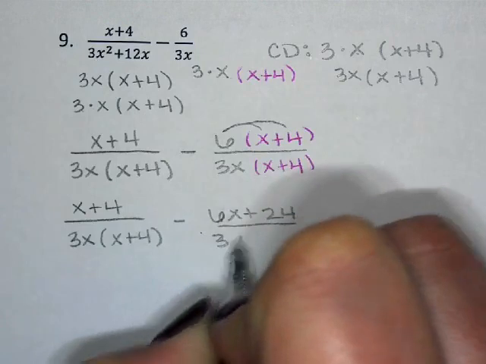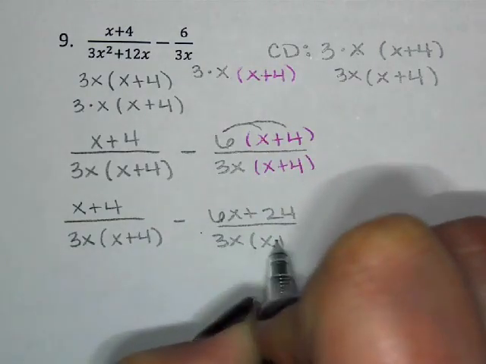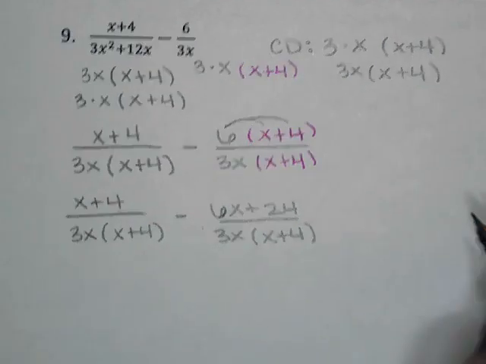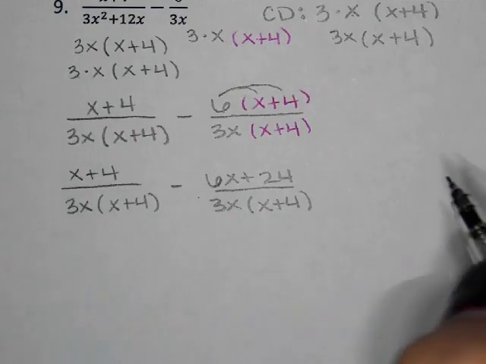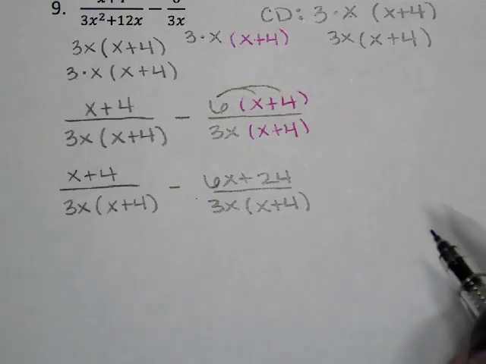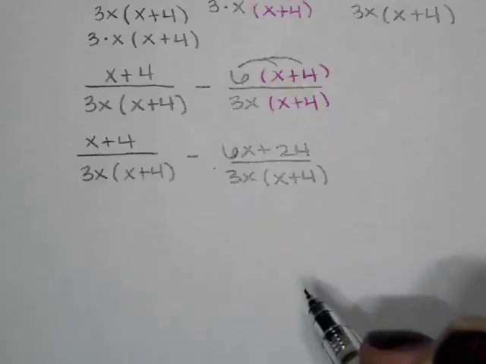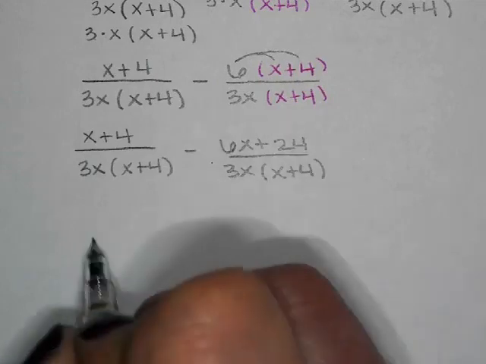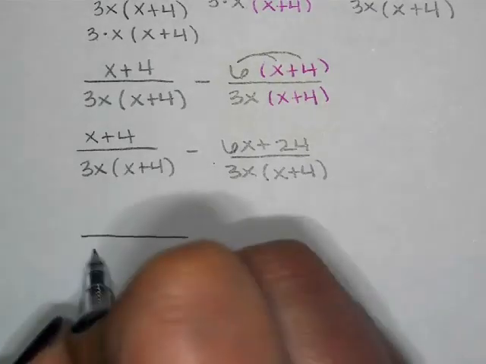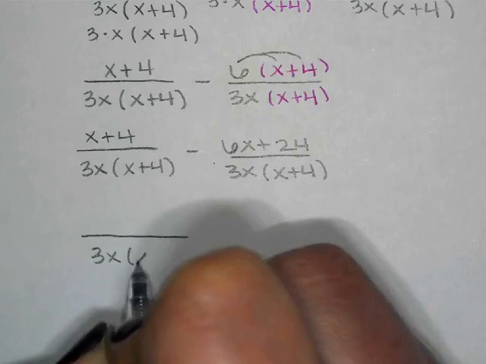And are we just counting the common denominator, or are we solving the whole thing? We are going all the way through. All right, so then we need to write this as one fraction. 3x, x plus 4. I'm going to copy down the first part, x plus 4.